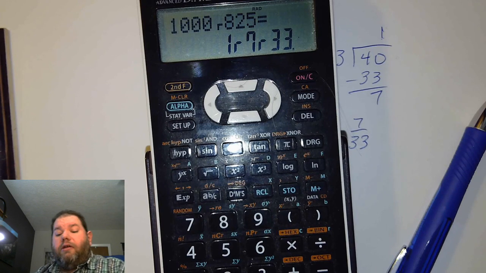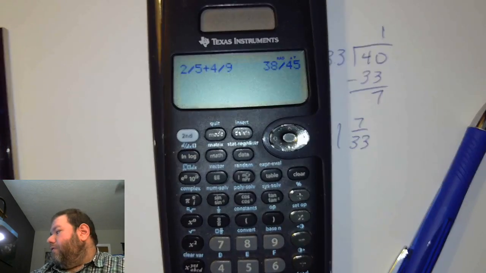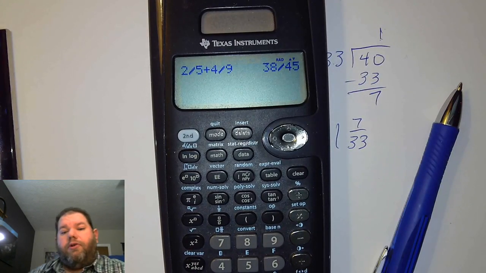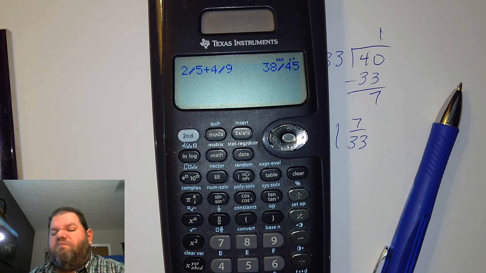That's interesting. All right. Does it actually reduce it on the 30s? Like, well, I know it reduces. Sorry. Does it actually take it from an improper fraction and make it a mixed number? Yeah, it did for okay.